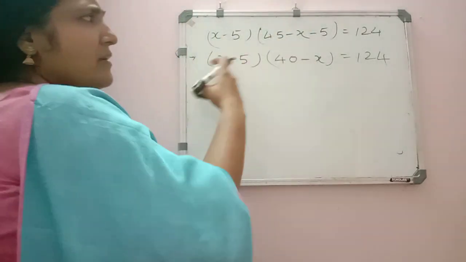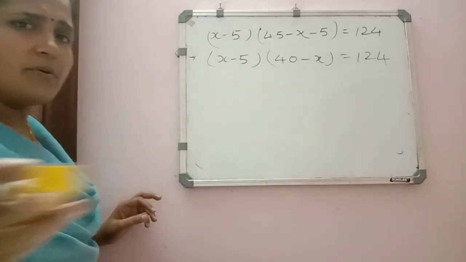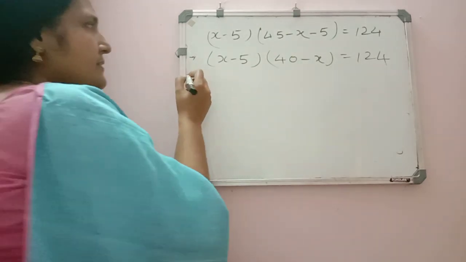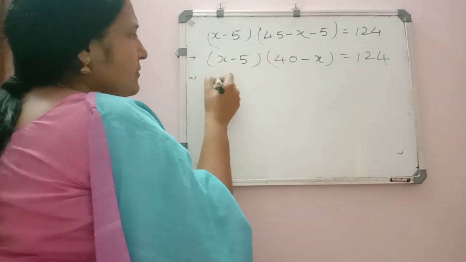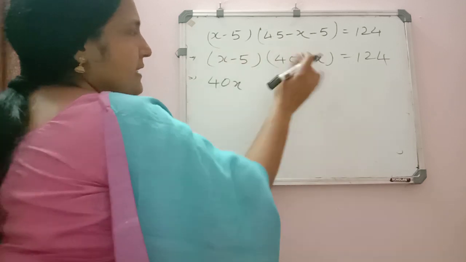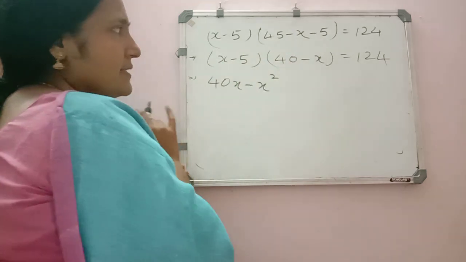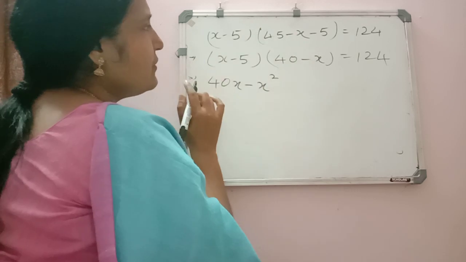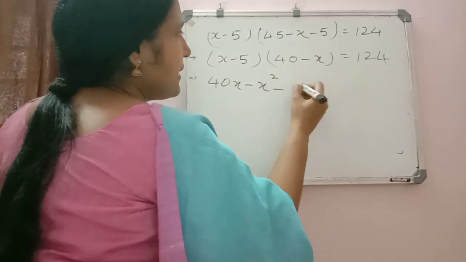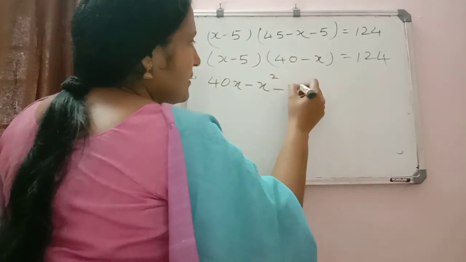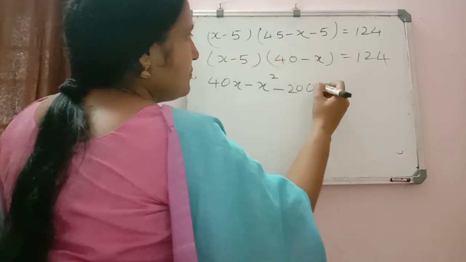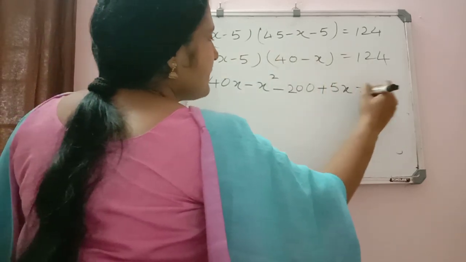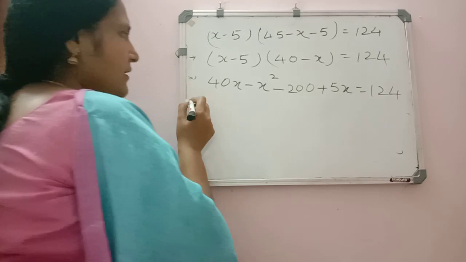Now we will get 4 terms only. It will be 40x, x into minus x is minus x square, minus 5 into 40 is minus 200, minus 5 into minus x becomes plus 5x, equal to 124.